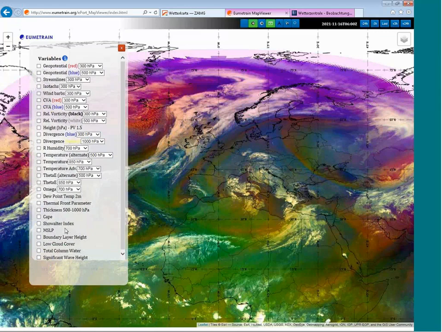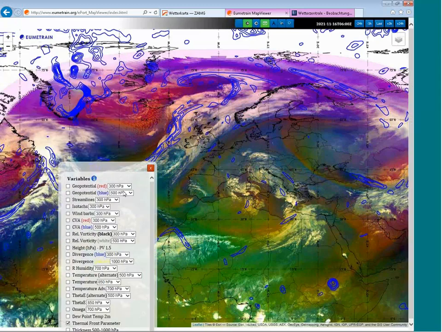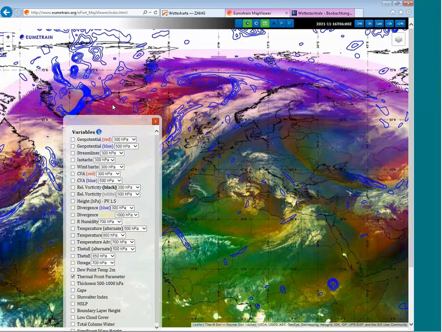You can either take the thermal front parameter, which was used very often. But in the case of higher resolution models, it's displaying a lot of different structures which are sometimes difficult to interpret. But still here in the eastern part, it's difficult.